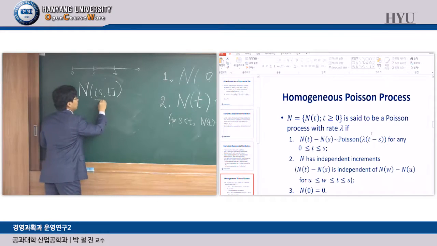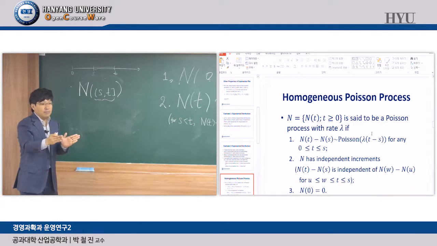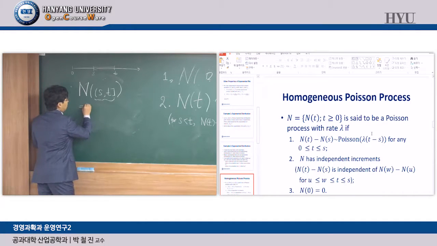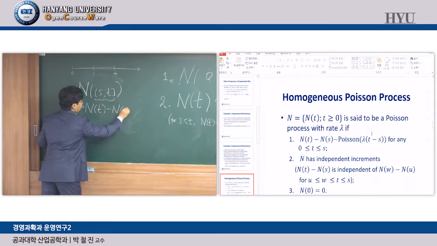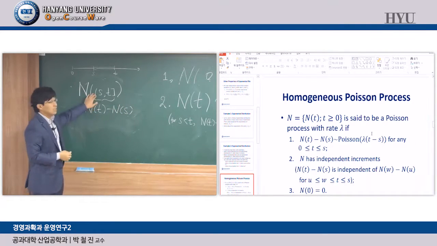When you put the amount of time S to T, we always consider positive values S and T. Then this is the same as N of T minus N of S. This is the generalized version of how to represent a point process or Poisson process.